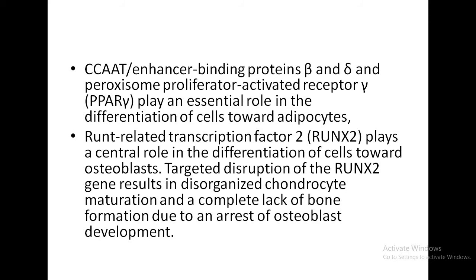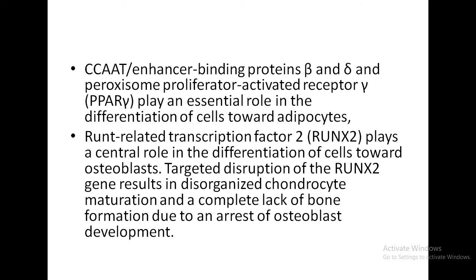So CCAAT enhancer binding proteins like beta and gamma, and PPAR gamma, play an essential role in the differentiation of cells towards adipocytes. The MSCs could develop into adipocytes. So RUNX2 plays a central role in the differentiation of cells towards osteoblasts.